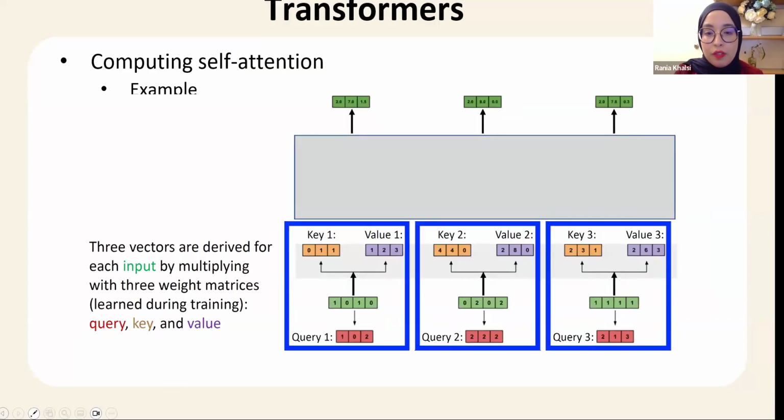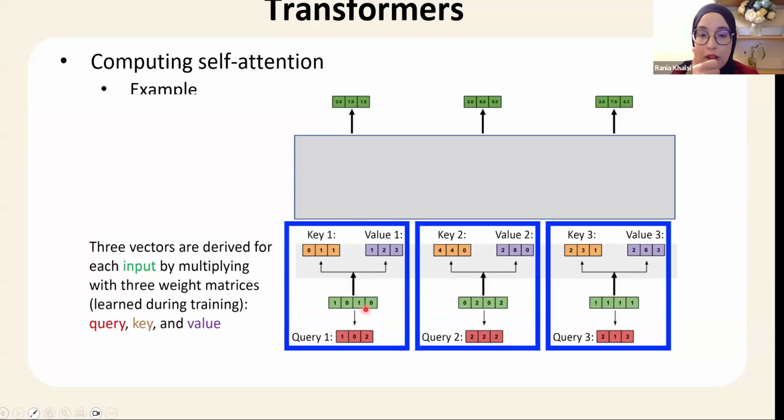So we generate 3 vectors, and these 3 vectors are the query, key, and value. The colors here have some significance, so try to use that. To obtain them, we multiply the input token by 3 different parameter matrices.